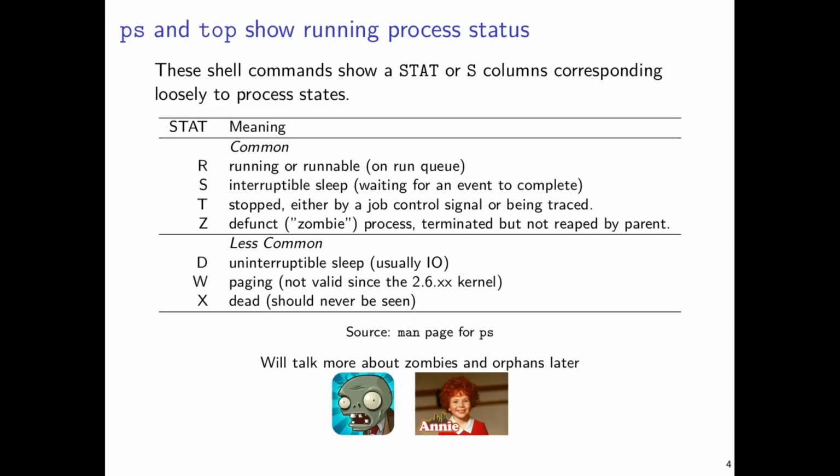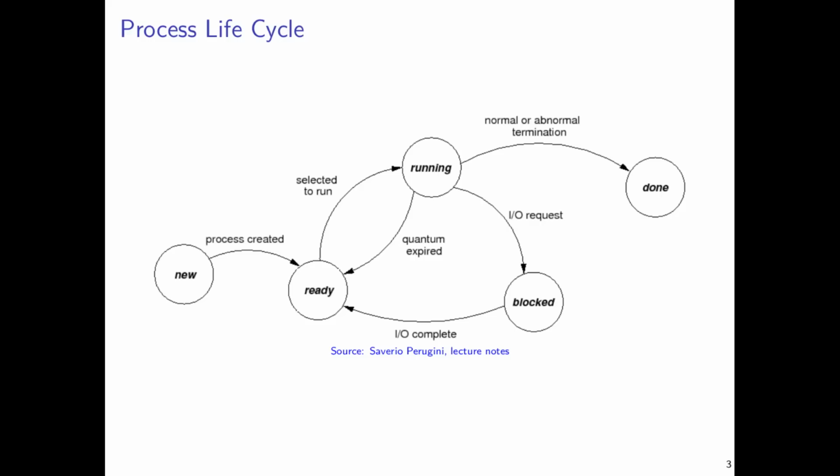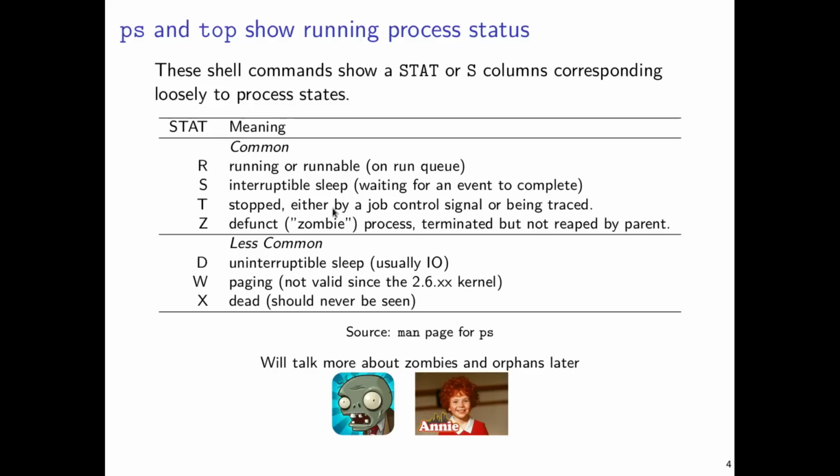Another set of statuses associated with processes that you're actually able to view, as opposed to this state transition diagram, which is mainly internal. The state of a process can actually be viewed using commands such as ps, which shows the state of processes, or at least a snapshot of it, and the top command, which is extremely useful for looking at what is gobbling up resources such as CPU on a running system.